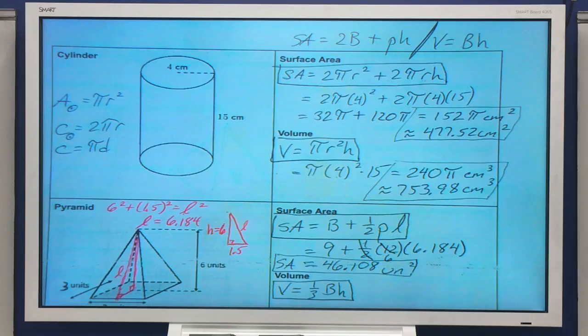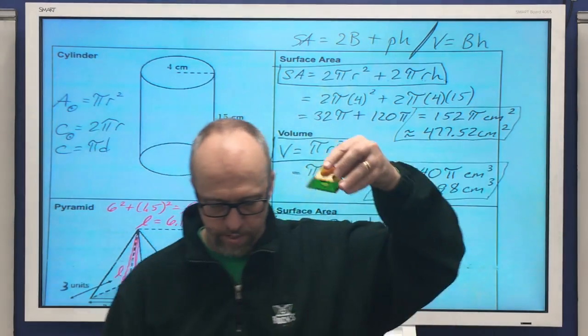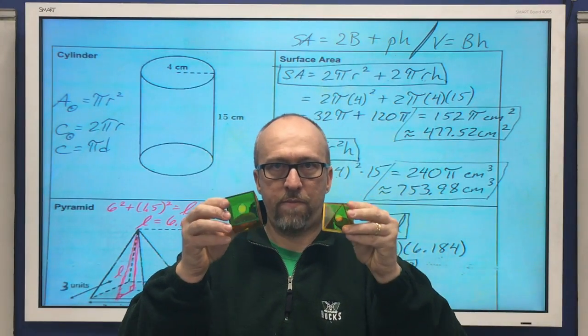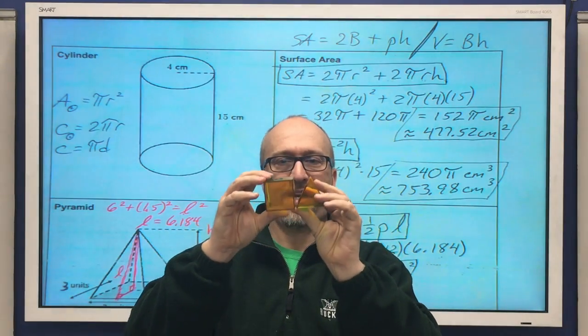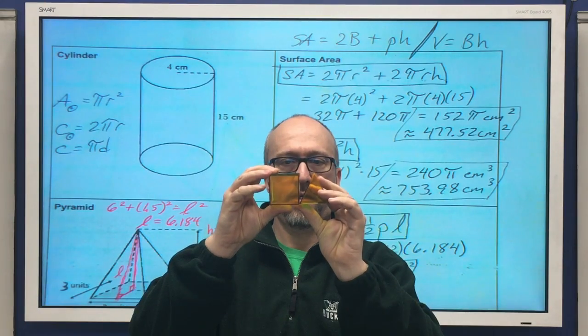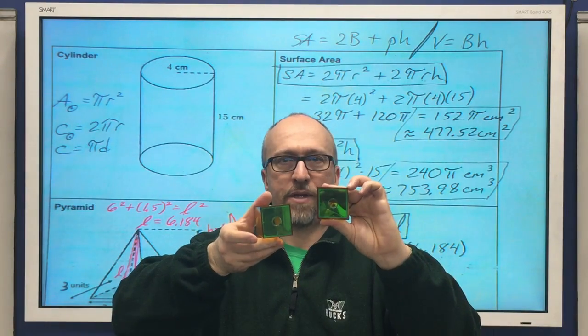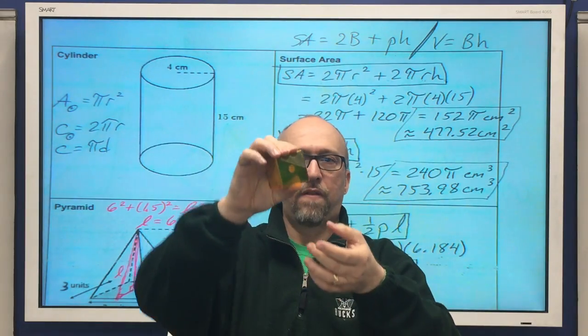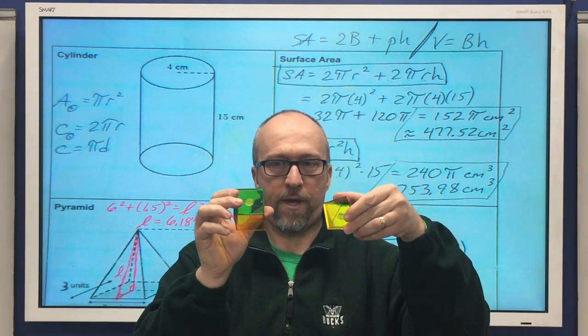If I take a pyramid and I take the prism that goes with it, and what I mean by goes with it is this: it has the same exact height. The bases have the same exact area, and if I stack one on top of the other, they fit perfectly, okay?